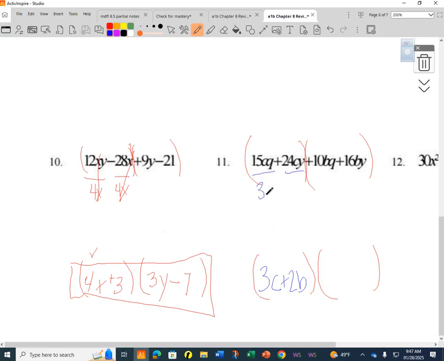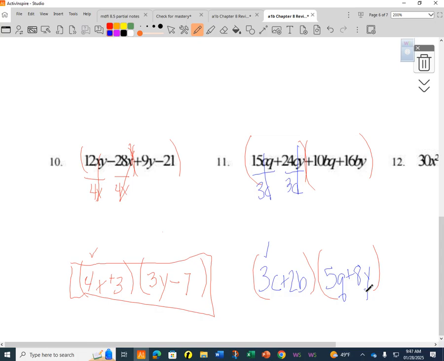Perfect. Divide the first group by the first greatest common factor. 15 divided by 3 is 5. Yep, 5, 2. Those C's cancel out. Simplify to 1. 24 divided by 3. 8y, that's right. The C's cancel out.